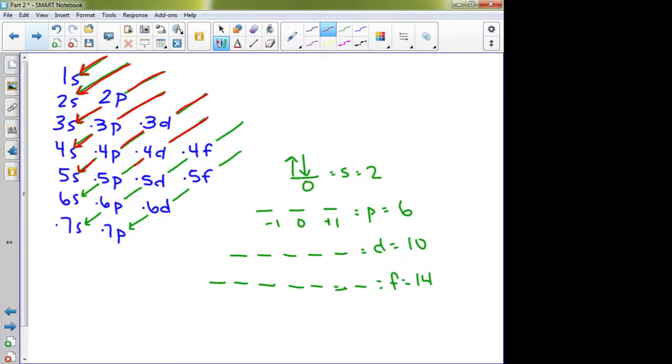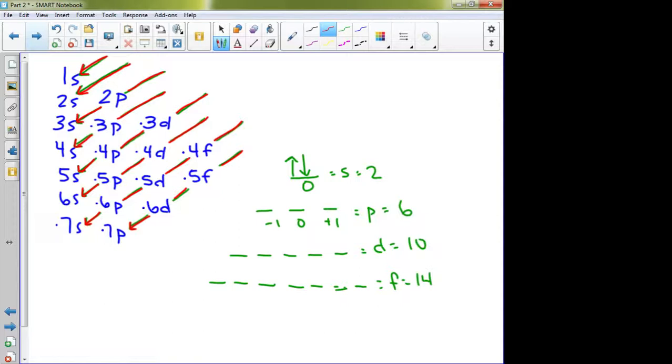Then 4d, then 5p, then 6s, then 4f, 5d, 6p, 7s, 5f, 6d, 7p. Do we see that? And you can just draw it out by putting them all in order. 1 through 7s, then 2 through 7p, then 3 through 6d, then 4f and 5f. So we won't get like a 6f.